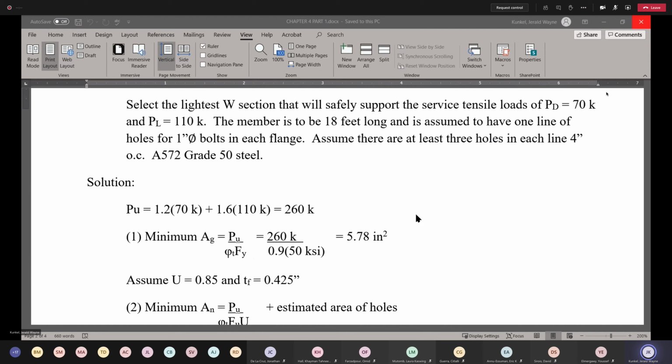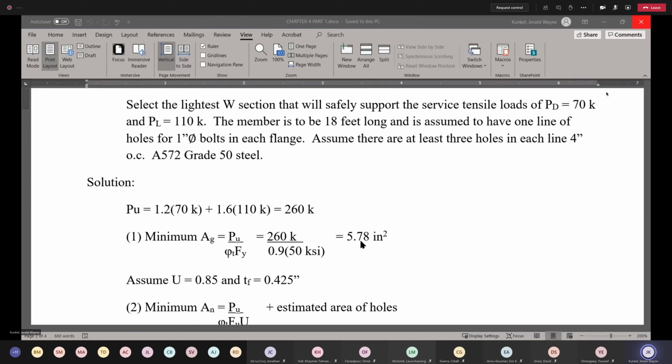If we base the area of the member that we're going to design on its gross area, then we'll take the factored load, 260 kips, divided by phi times F sub y. This is the stress equation, and we get 5.78 square inches.